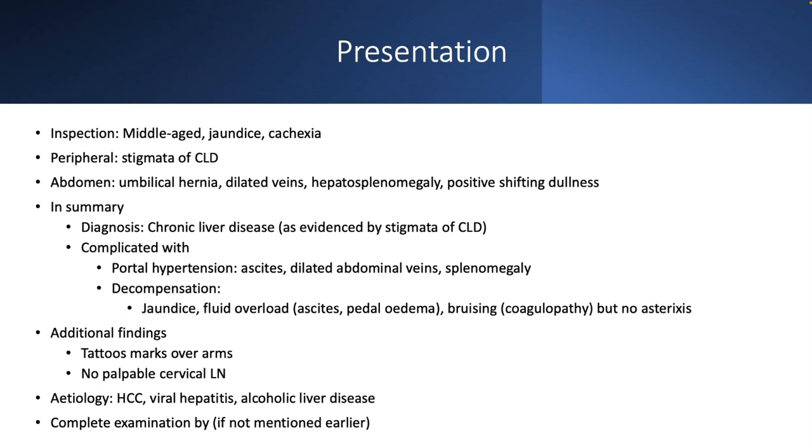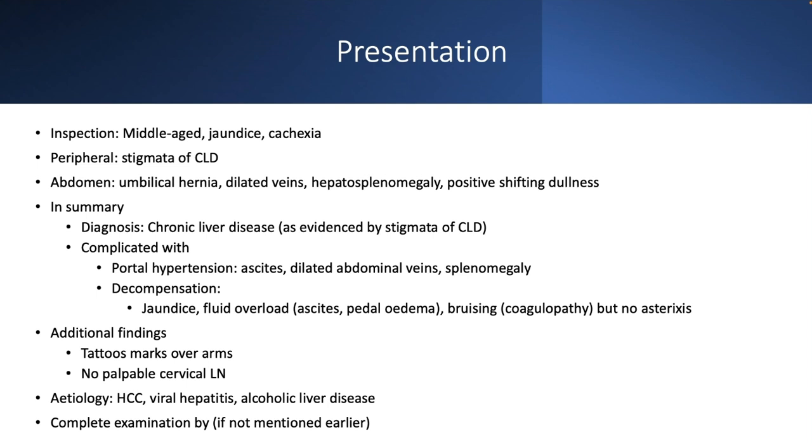In summary, I think this patient has a working diagnosis of chronic liver disease, as evidenced by the stigmata of chronic liver disease as mentioned, and currently complicated with signs of portal hypertension, which are ascites, dilated abdominal veins, and splenomegaly. Clinically, he is in a state of decompensation in view of jaundice, fluid overload in view of ascites and edema, as well as bruises, which may suggest coagulopathy. However, there is no hepatic flapping to suggest encephalopathy.